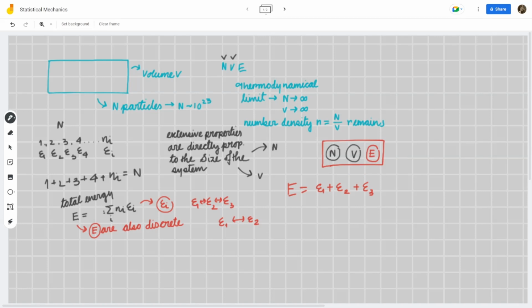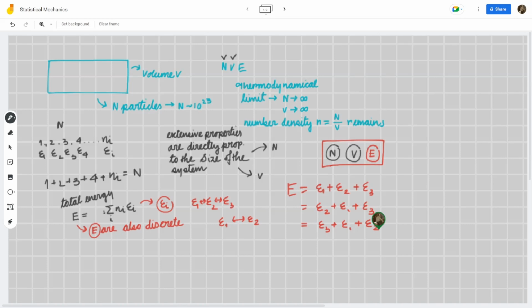Now, if we consider the possible combinations that can be made with them, we can write it like E2 plus E1 plus E3, or like E3 plus E1 plus E2.